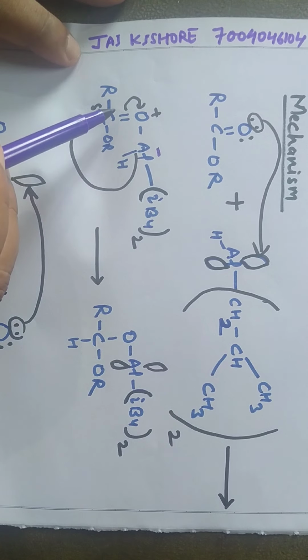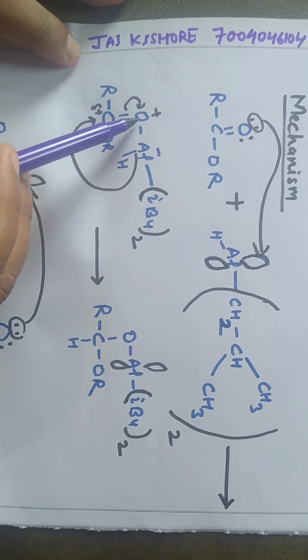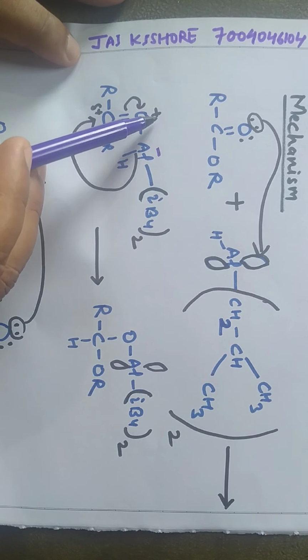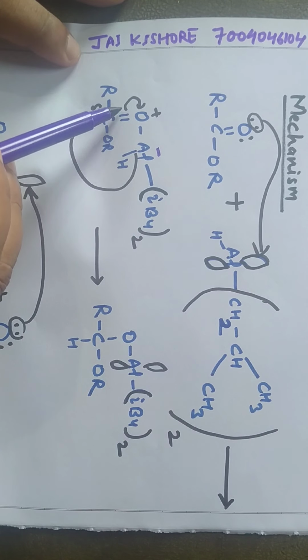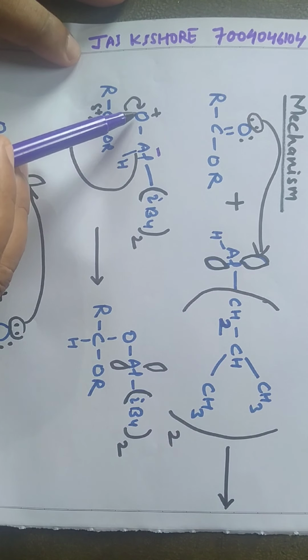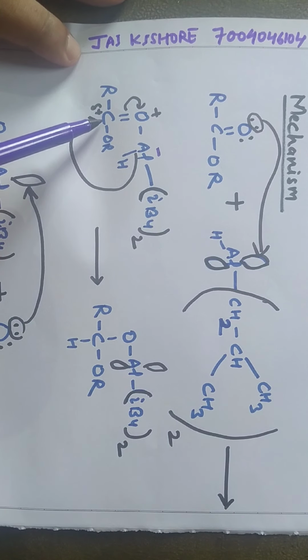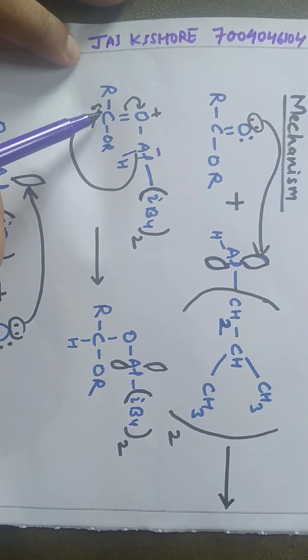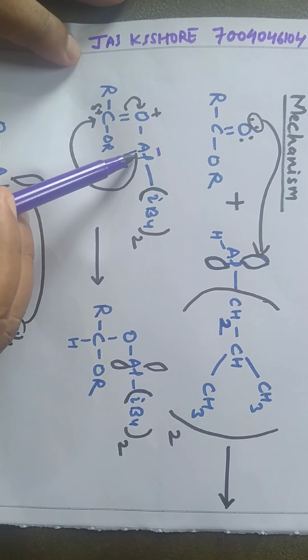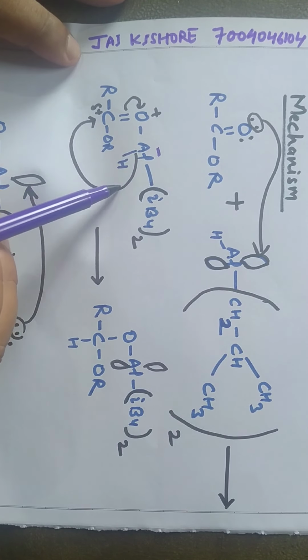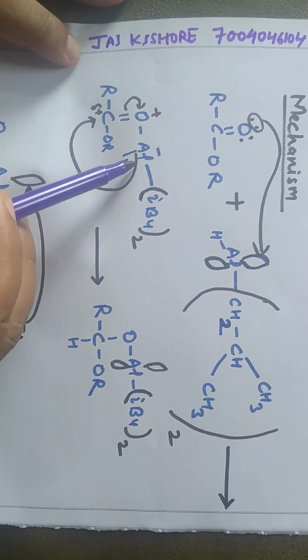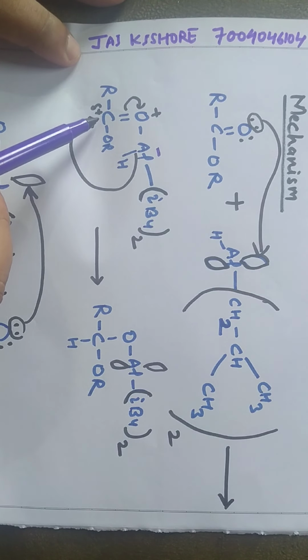Why? Because oxygen is an electronegative element and it has a positive charge, so the pi bond electrons shift to this oxygen. If this bond shifts, that means the electrons are taken by oxygen, then carbon becomes electron deficient, that means partial positive charge. So this positive charge is neutralized by the addition of hydride ion. H will be attached to this carbon atom.